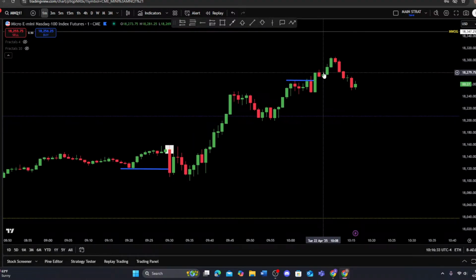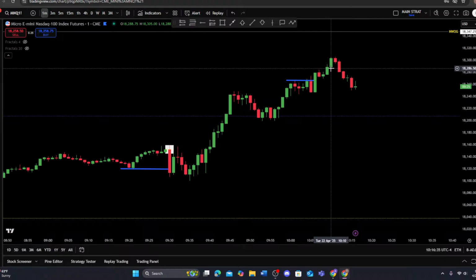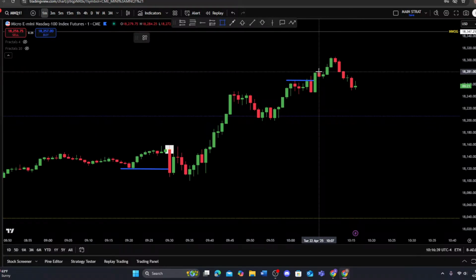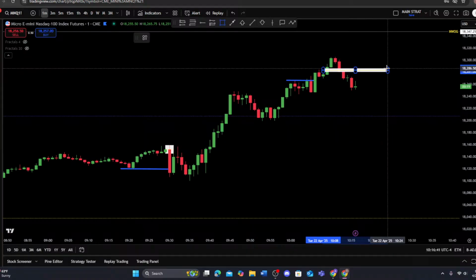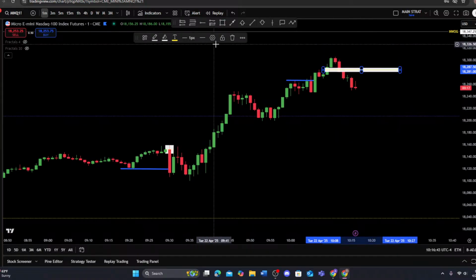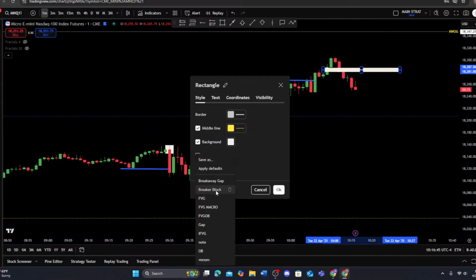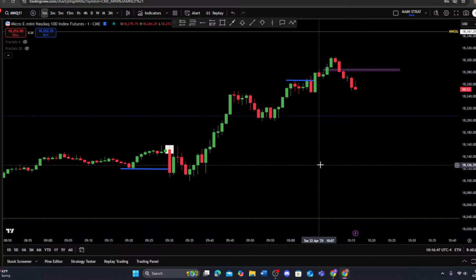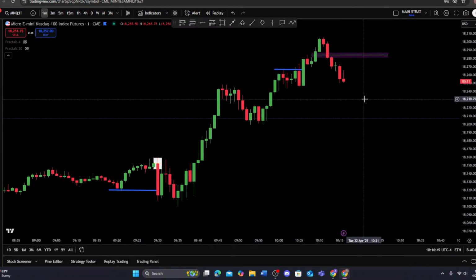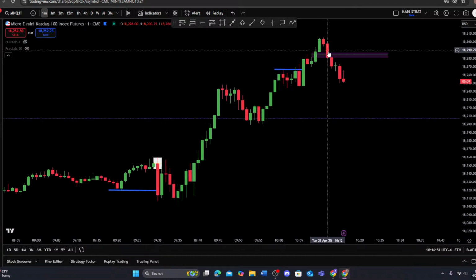Got our first percentage fair value gap here at the 10 o'clock to 10:10 macro. We broke below it.